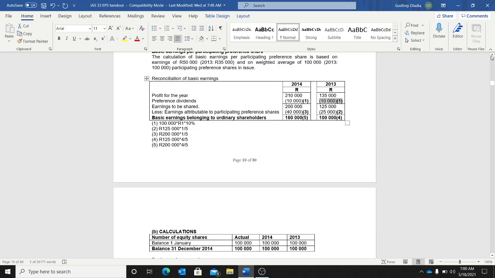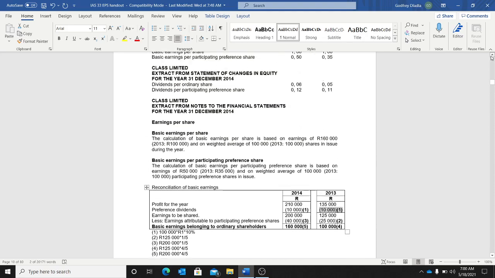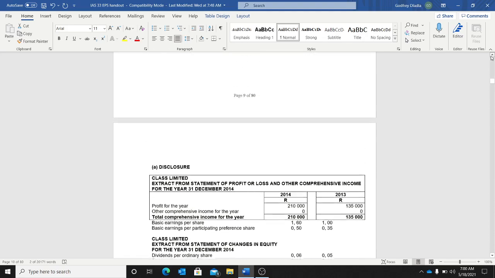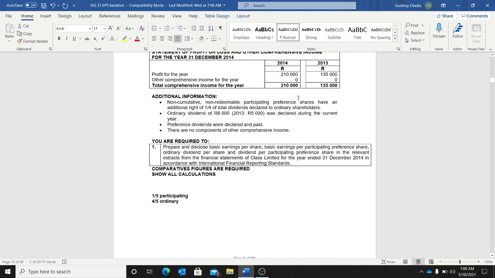Now, if you remember this statement, let me show you this statement again. This statement says they are going to get a quarter of the total dividend declared to ordinary. If you check here, a quarter of the total dividends declared to ordinary shareholders. Here is what is declared to ordinary shareholders.